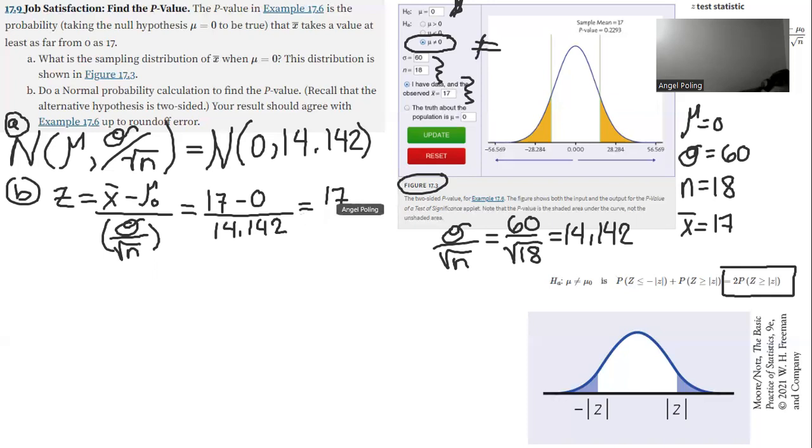So 17 divided by 14.142 gives us a z-score of 1.20. And now we look at our table A.